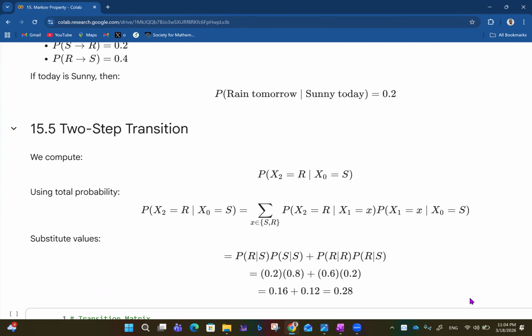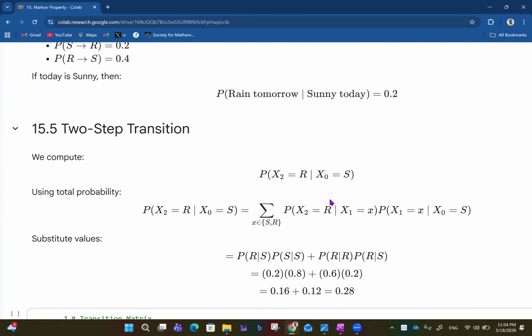Then we have a two-step transition. We compute the probability that x2 equals r, given that x naught is s. That means the probability of rain given it was sunny two days before.